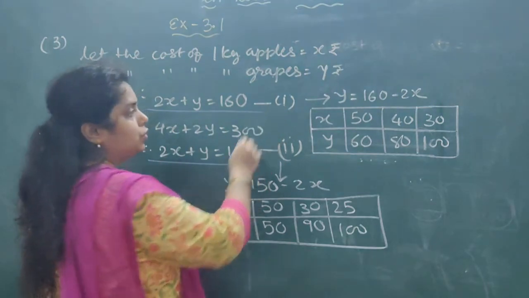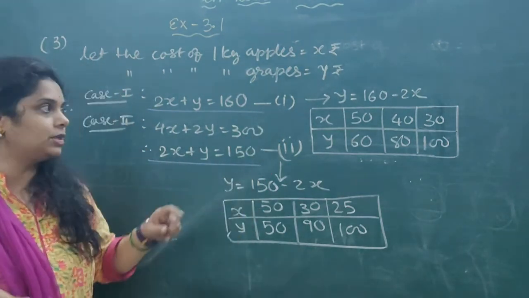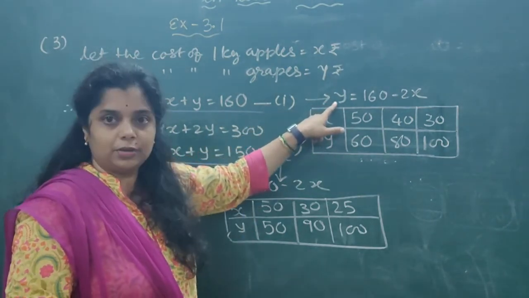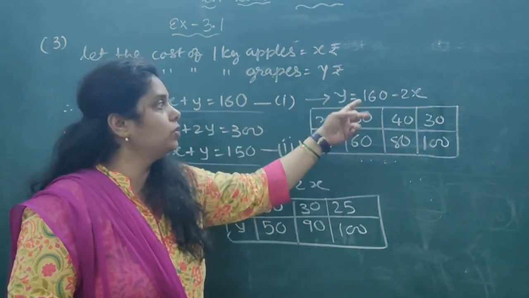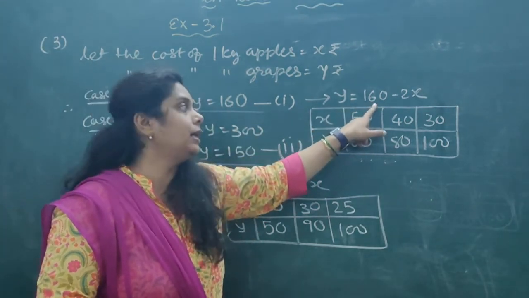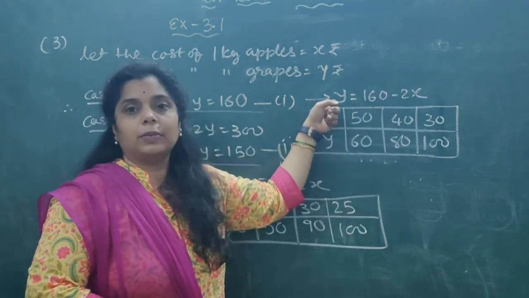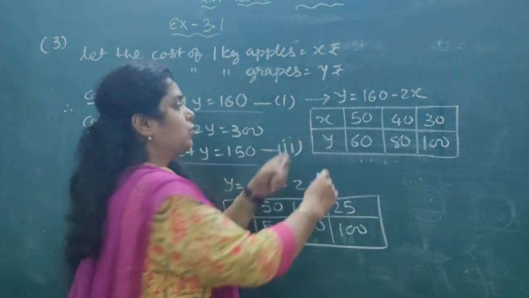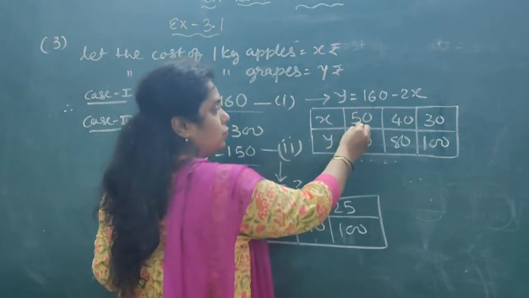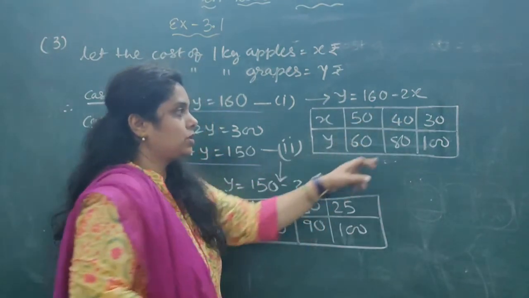Again, as usual, to get the geometrical representation, we have to take any one variable on the left hand side and move the other variable to the right hand side, and we have to put the value of x and get the corresponding value of y. So here I have taken x is equal to 50, so y is equal to 60.